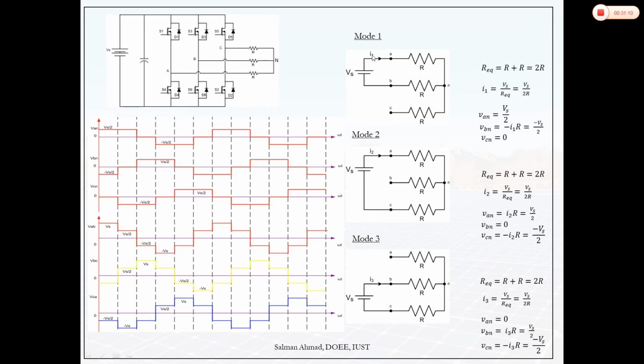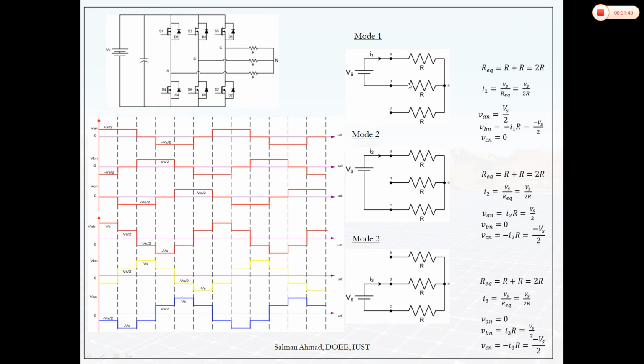So the total equivalent resistance will be 2R, and I1 will be Vs upon 2R. Now VAN will be I1 into R, that means Vs upon 2R into R. That results in Vs by 2. So VAN we are getting Vs by 2.